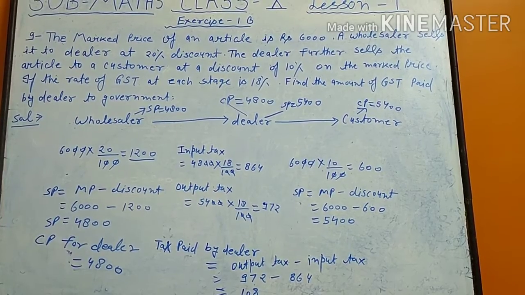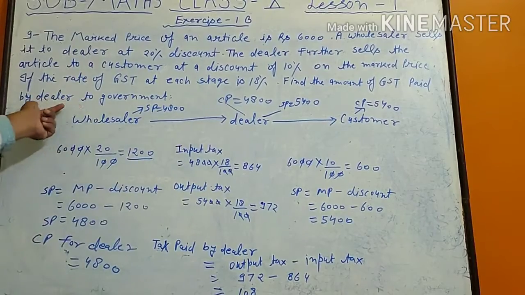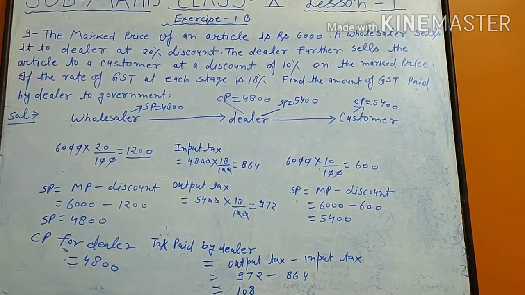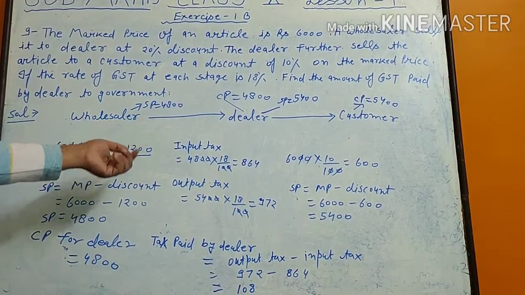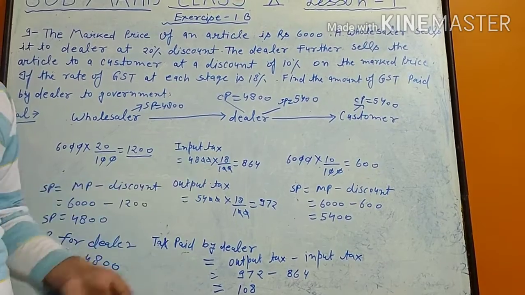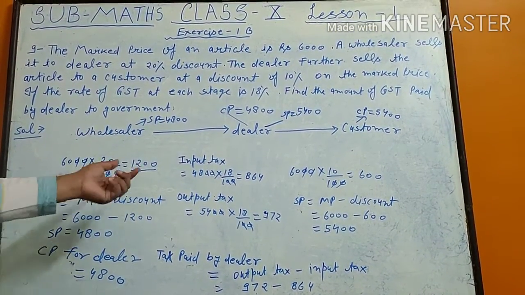Okay. So what is the question? Find the amount of GST paid by the dealer to the government. So first we find the GST. So we find the input tax. Input tax means the tax received by the government in the previous process.